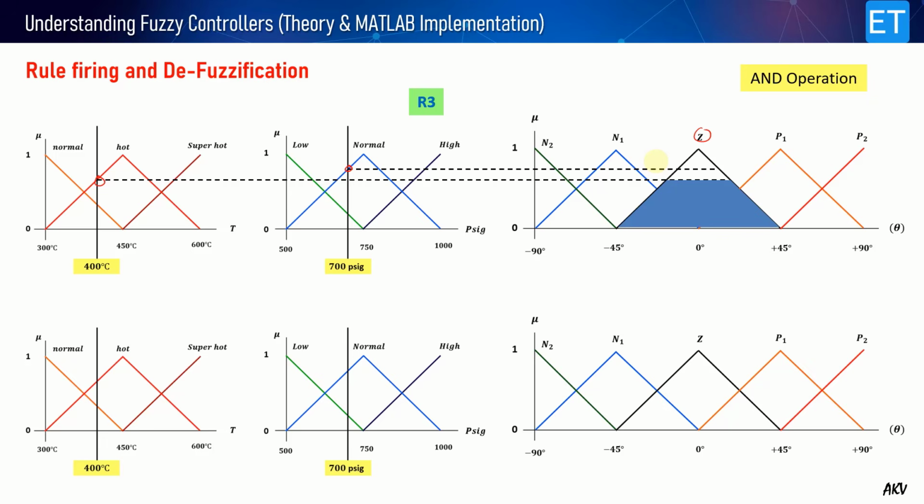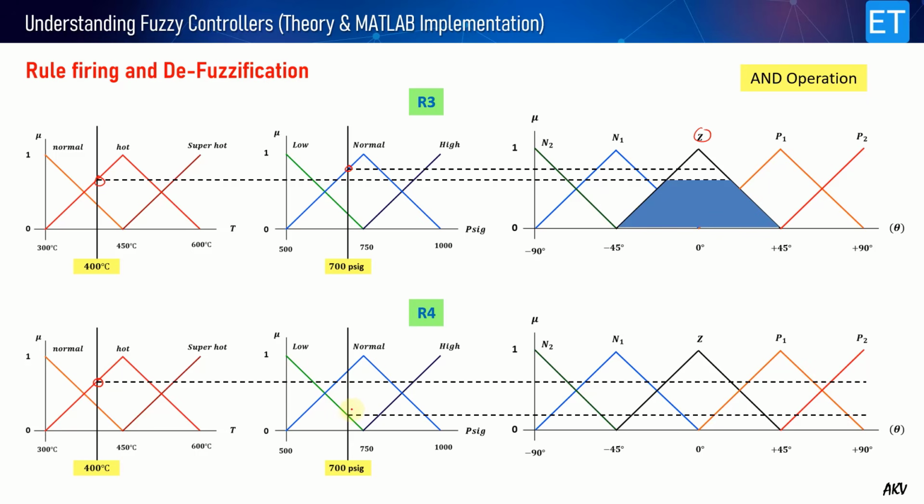Similarly, rule 4, where temperature is hot and the pressure is low, the output is P2 from that table, and because of the AND operation we will highlight the minimum area. So we have seen the activation of all the 4 rules here.